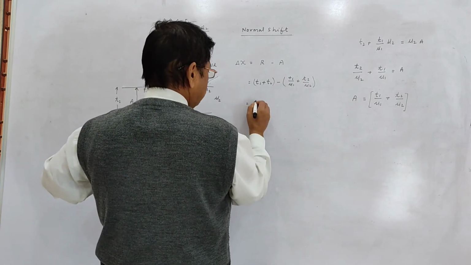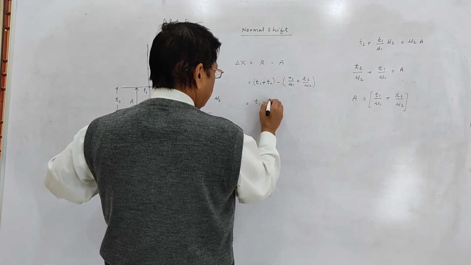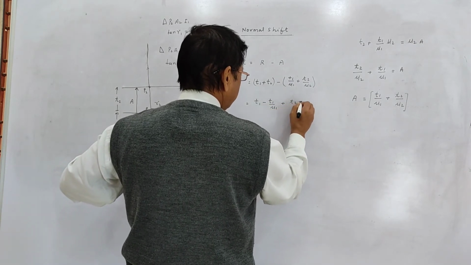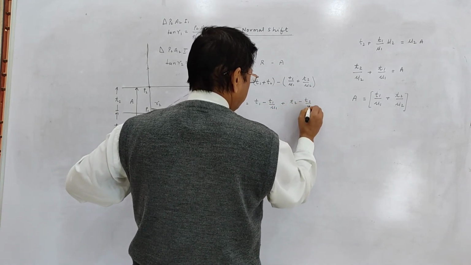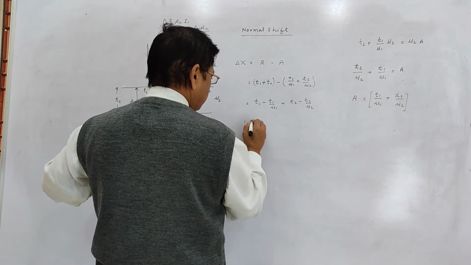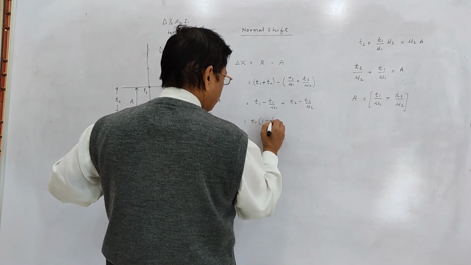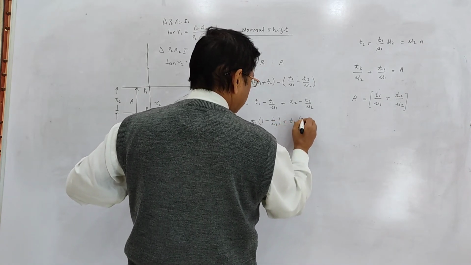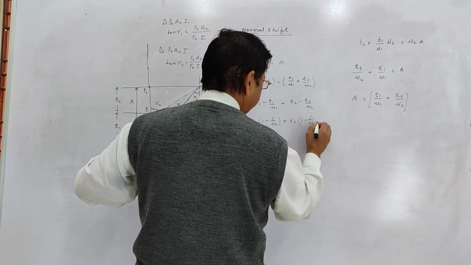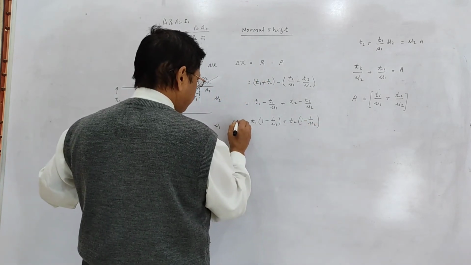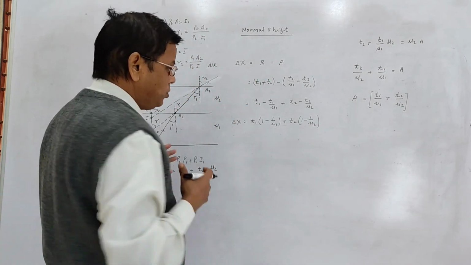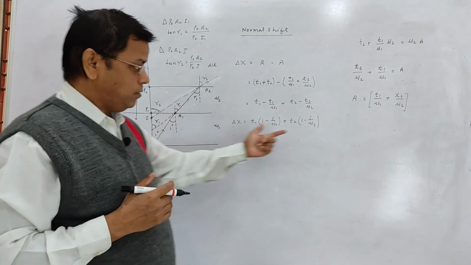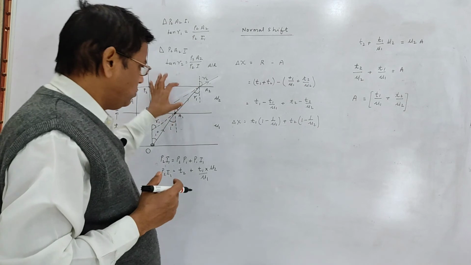If I write it like this, T1 minus T1 upon mu1 plus T2 minus T2 upon mu2, then it is T1 into 1 minus 1 upon mu1 plus T2 into 1 minus 1 upon mu2. This is the total normal shift. This is the shift produced in the first slab and the shift produced by the second slab.